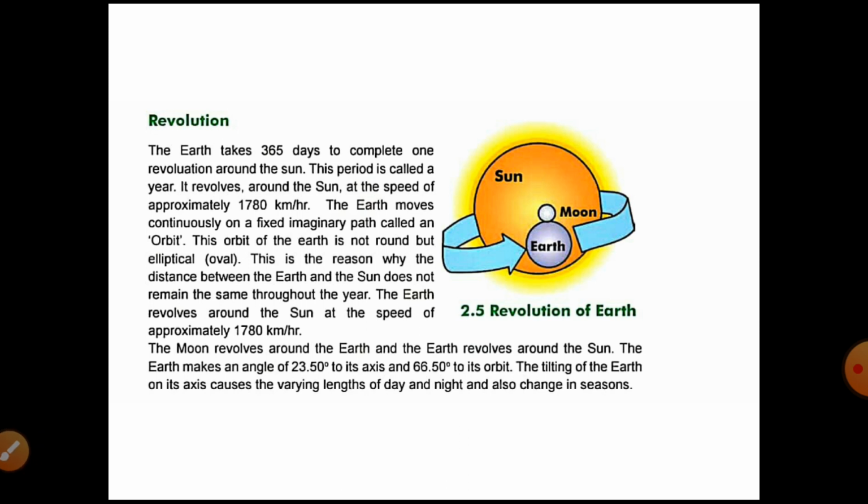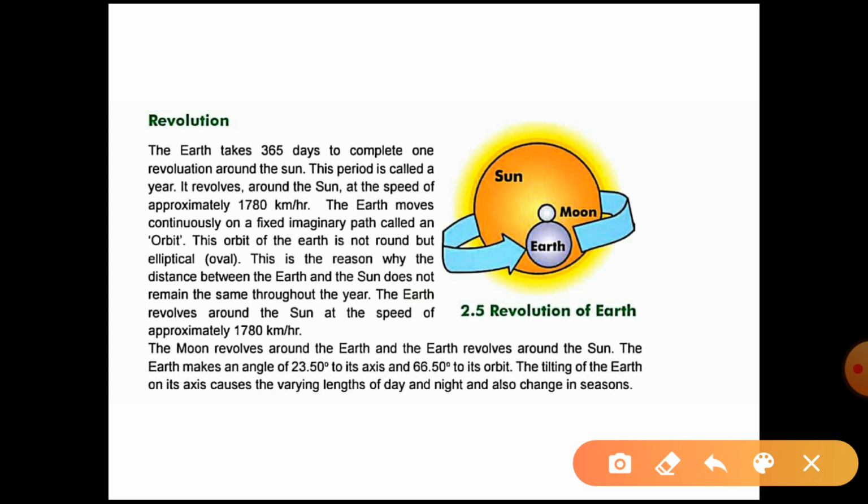The orbit of the earth is not round but elliptical or oval. Which means the path in which the earth is revolving around the sun is not a circle, but it is elliptical, or oval. Oval means what?